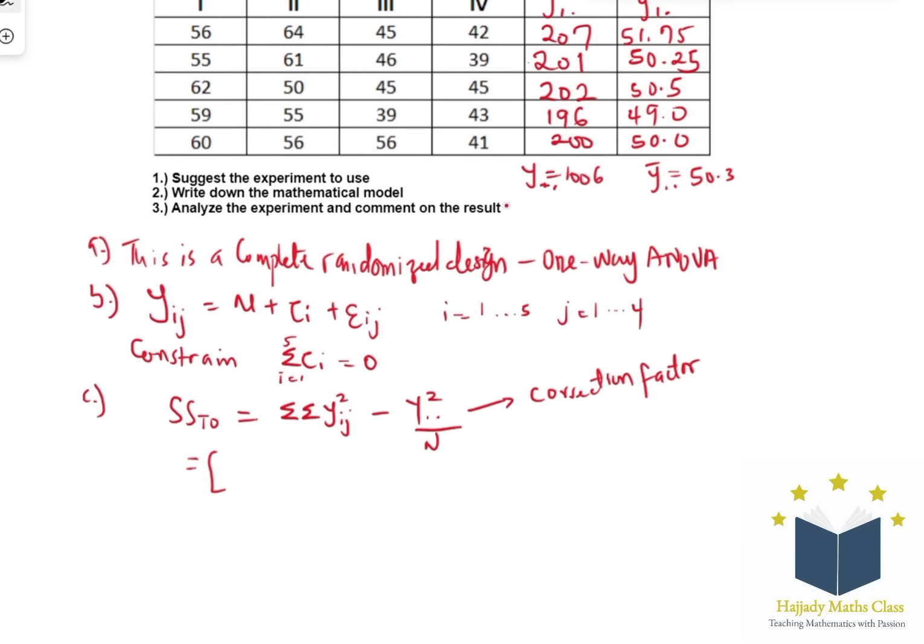So here I'm having 56 squared plus 64 squared up to the last individual observation, which is 41 squared, minus y dot dot, which is 1006 squared, over capital N.